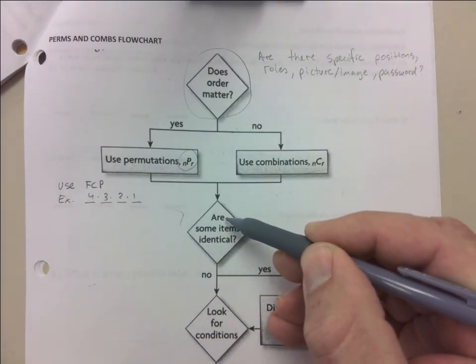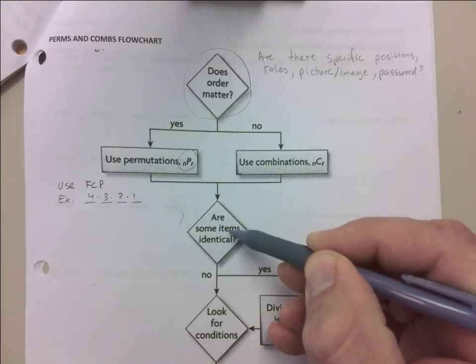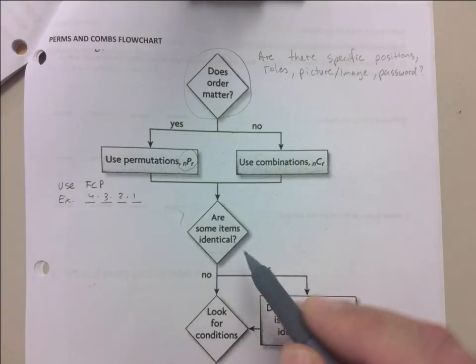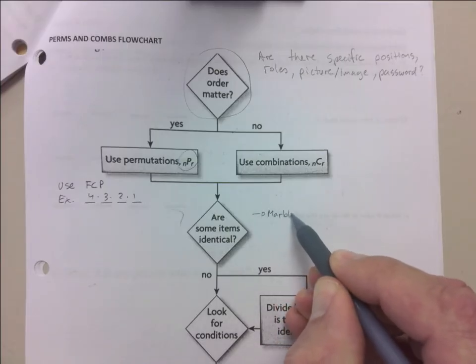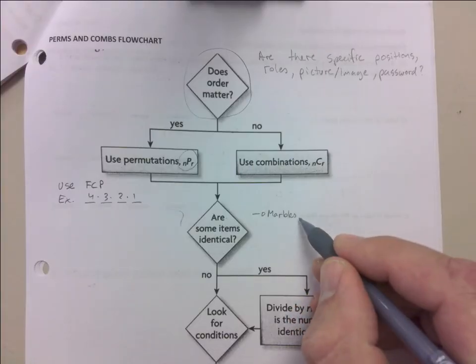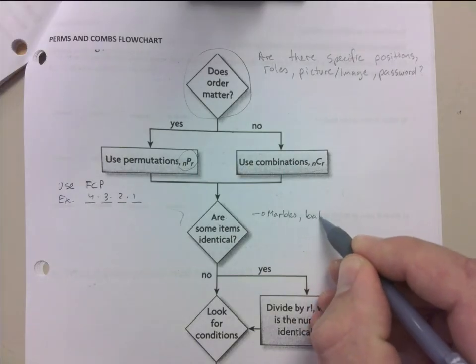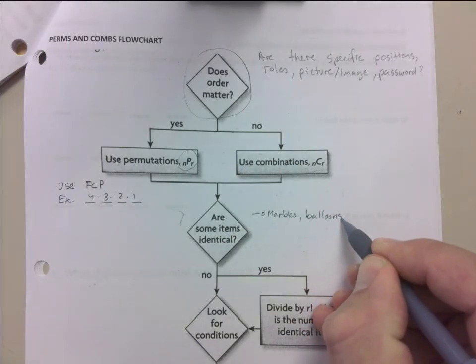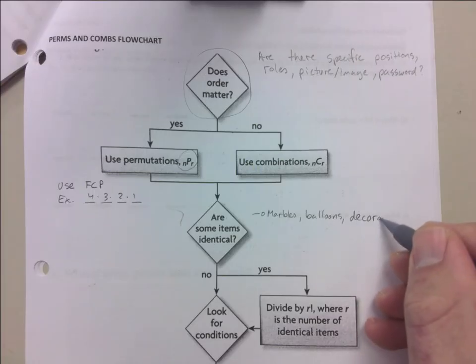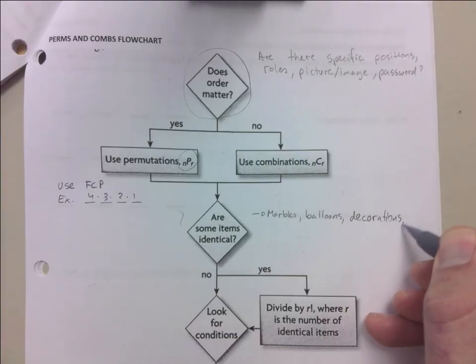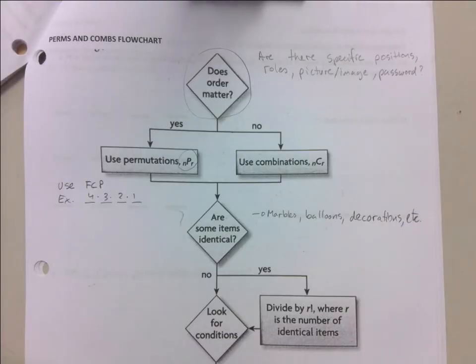Next question you want to ask yourself is, are there some items that are identical? For example, marbles, balloons, some kind of decoration, something that you know will look the same.